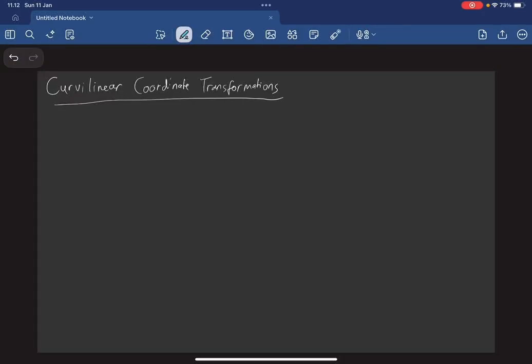Let's first consider the case where L(T) is proportional to T, that is, when we have Z prime equals Z minus Vt.